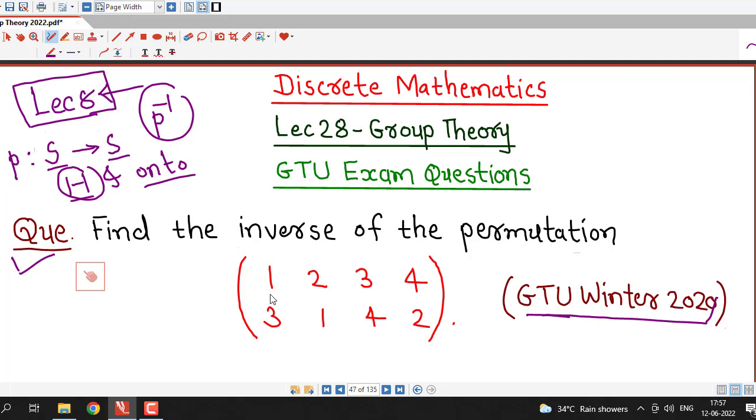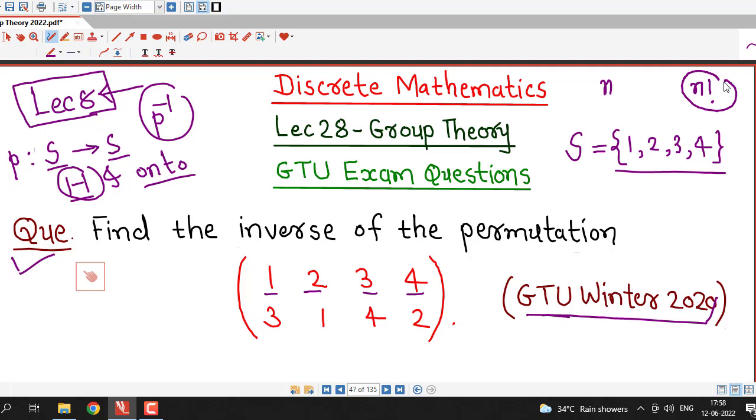And here this upper row contains 4 elements. So this permutation will be a function from set S to itself, where set S will be set containing these 4 elements 1, 2, 3 and 4. And we know that if S is a set containing n elements, then there are n factorial permutations possible of that set.